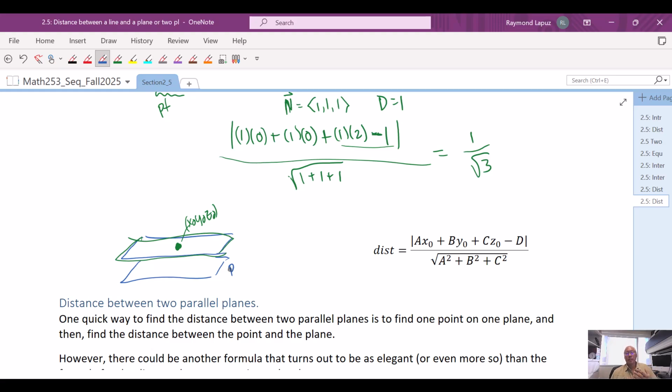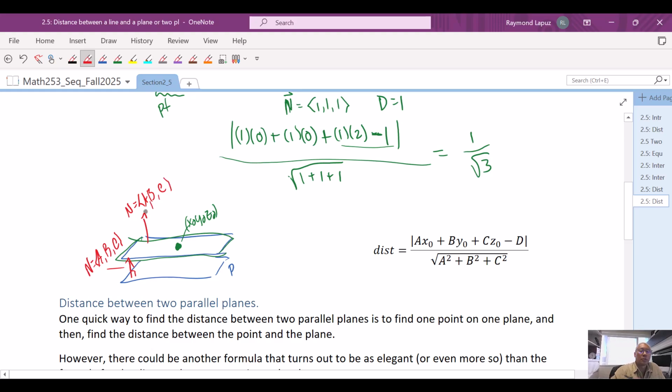But if we go through this process, let's go through this process. So x naught, y naught, z naught times ABC. So ABC is going to be the normal vector here. ABC. But it also could be the normal vector here, because they're parallel.